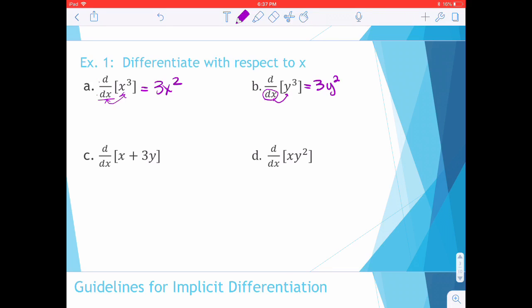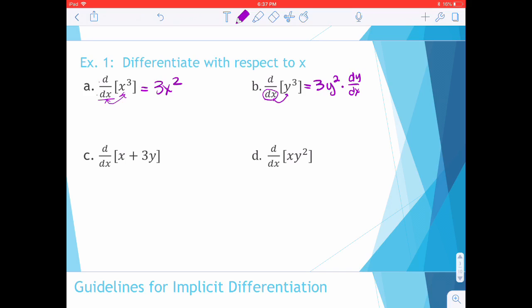Basically, you have to differentiate y with respect to x, and that's dy over dx. You have to add that in there every time you see a y. So anytime you differentiate a function with a y term, you have to multiply it by that term.